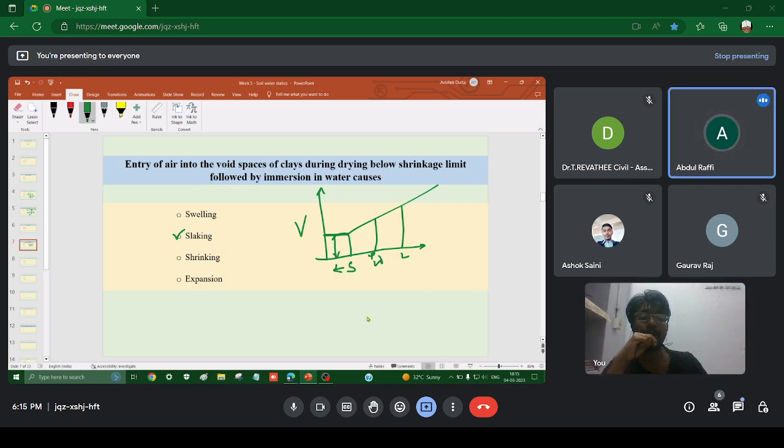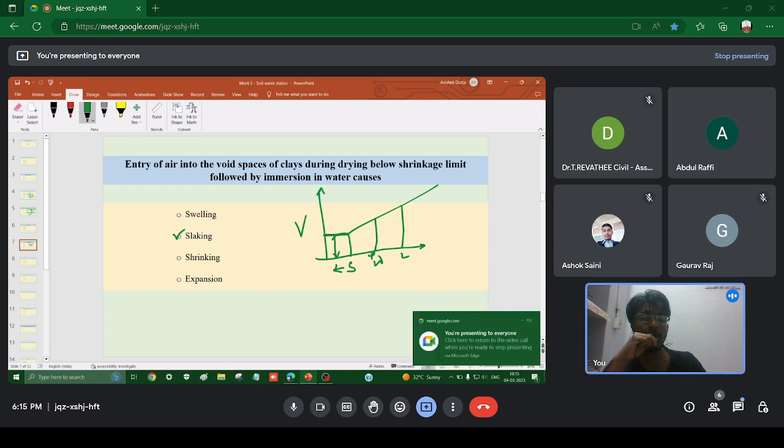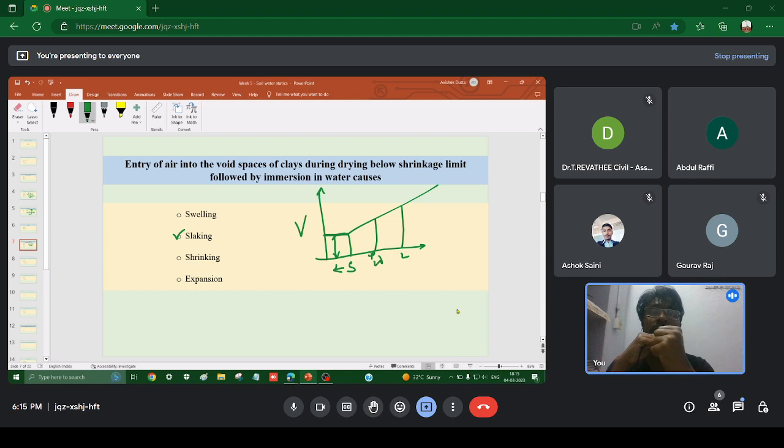What will happen? The pores which were dry, which had air, will have high pressure generated because of the inflow of water. Due to this high pressure formed because of the meniscus formed by the presence of water, the soil particles, the clay particles, will disintegrate.